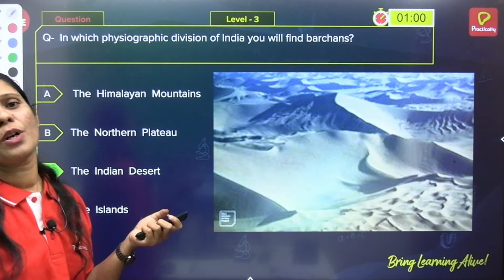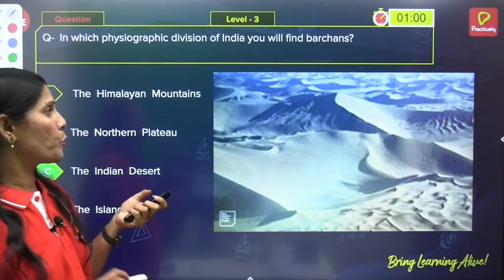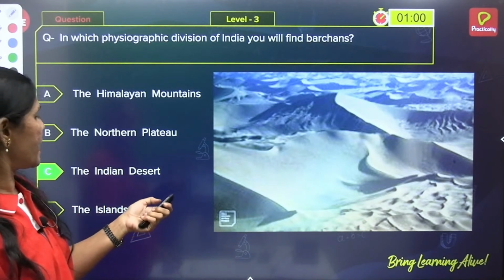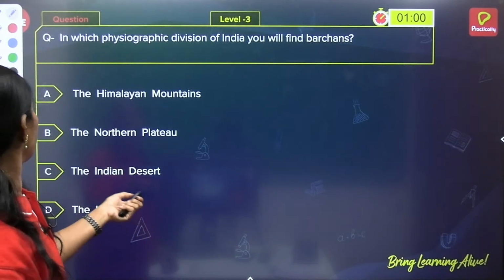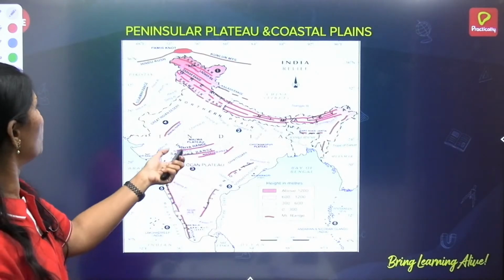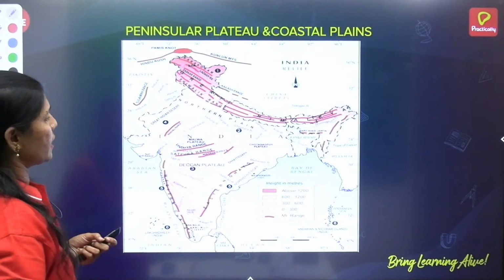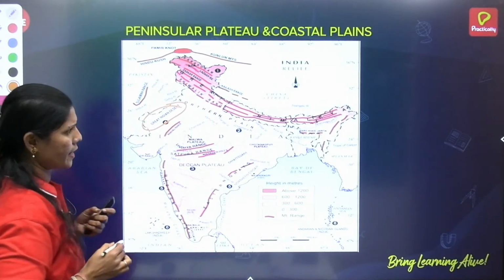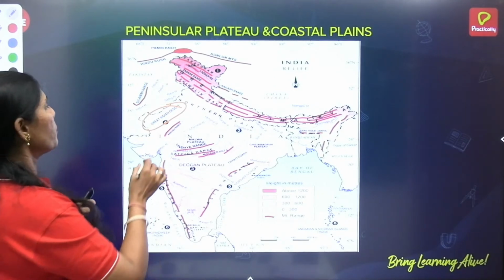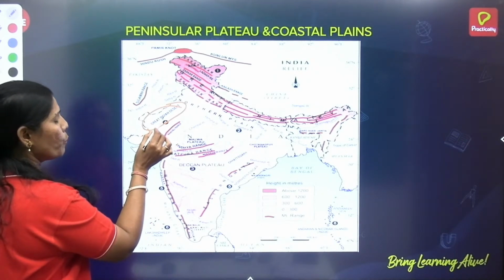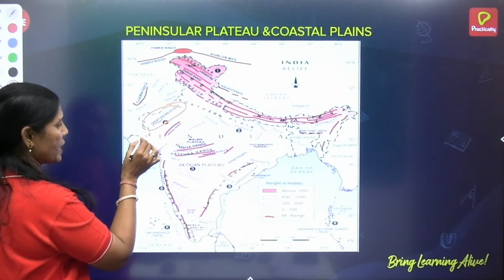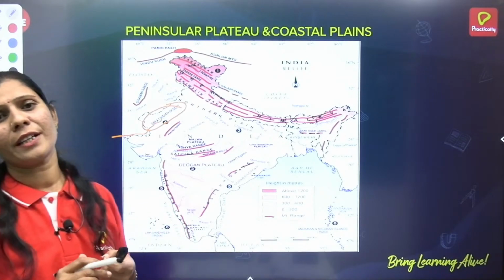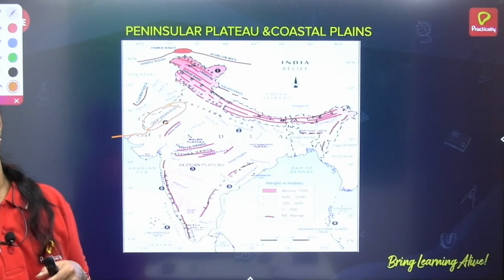People visit Jaisalmer to look over the view of these barchans, and at night times we can find them. Let us have a look at this map. See, this is the great Indian desert, and can you tell me which is the river which is flowing in the desert region? Can you name the river which is flowing in the Thar desert?